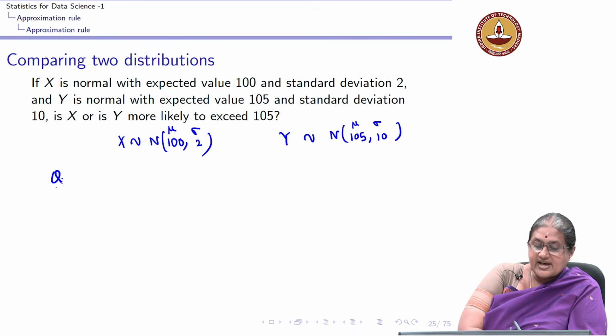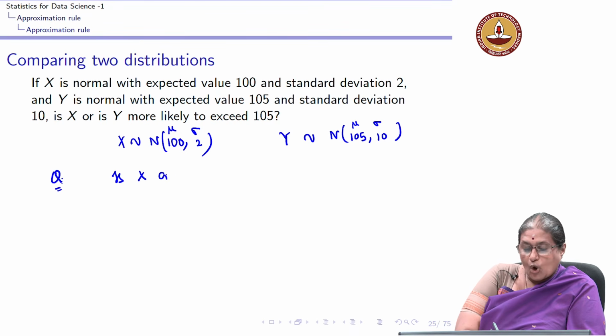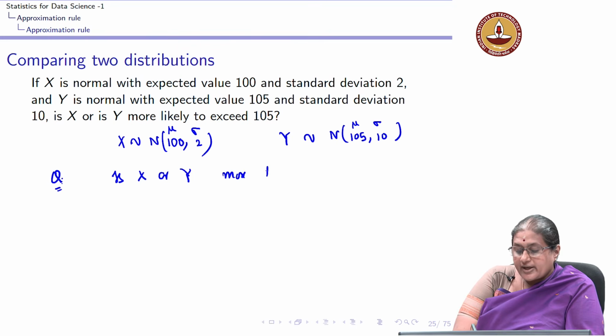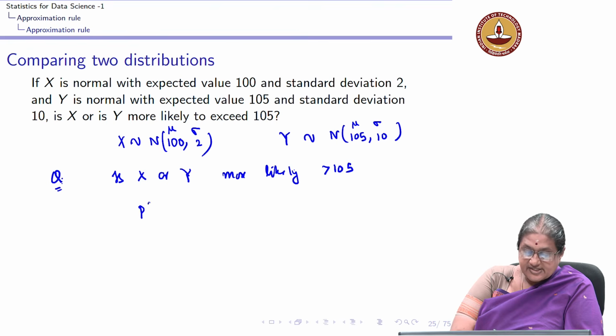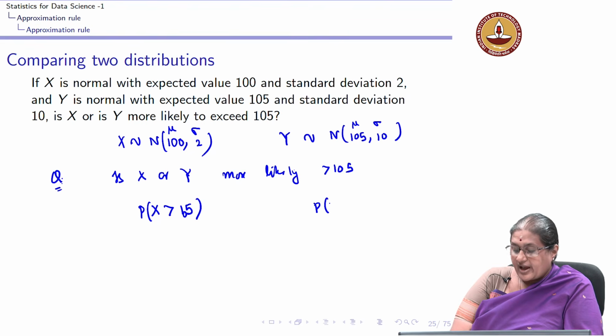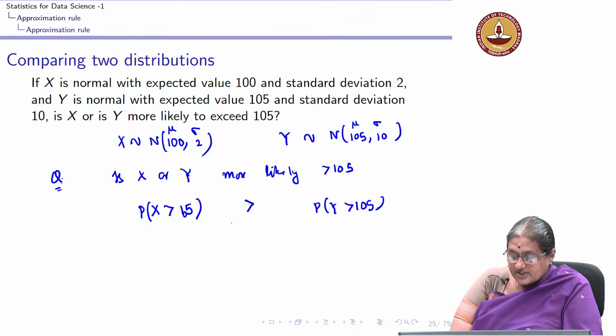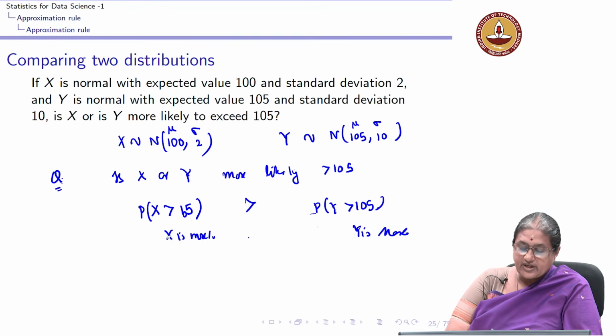The question asked is: is x or y more likely to exceed 105? In other words, I want to know whether the probability x is greater than 105 or the probability y is greater than 105 is larger. If y's is larger, then y is more likely. If x's is larger, then x is more likely. That is what we need to check.